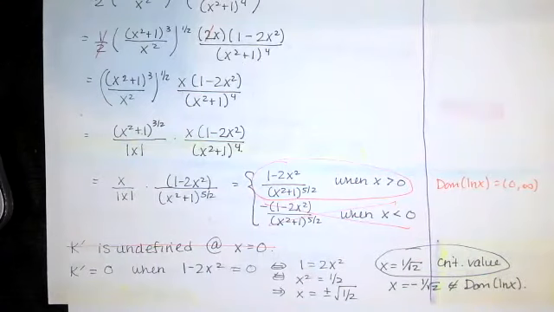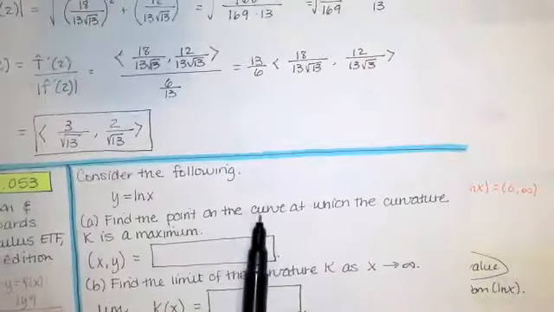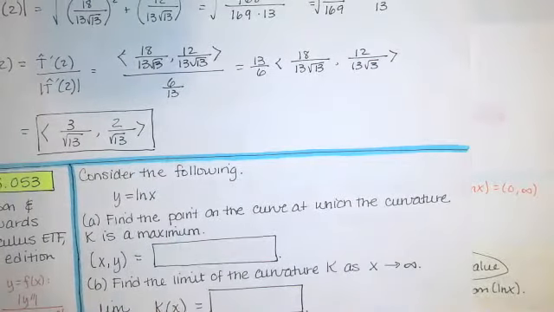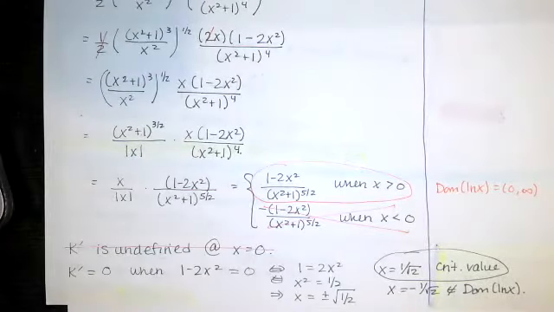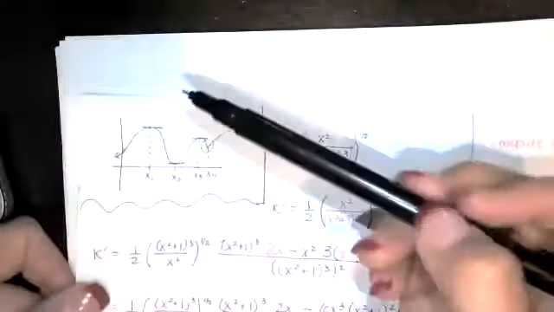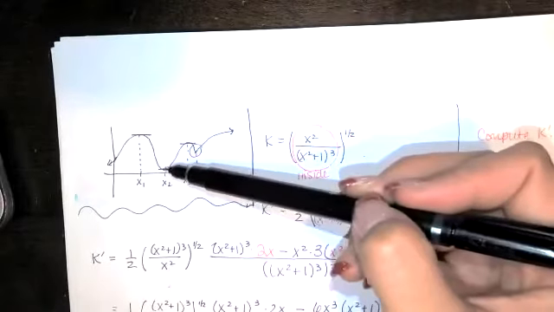Okay, now we were asked to find the point on the curve at which the curvature is a maximum. Now we only have one critical value. The question is, does that critical value correspond to a minimum or a maximum? Are we at a point like this or at a point like this?